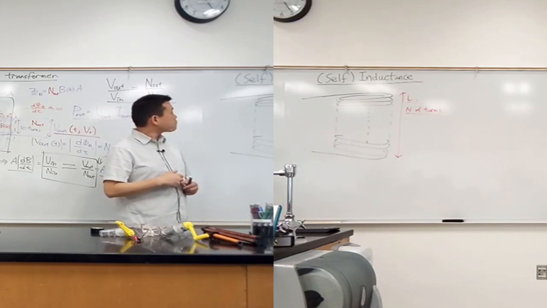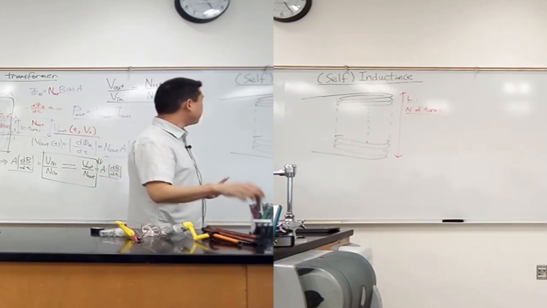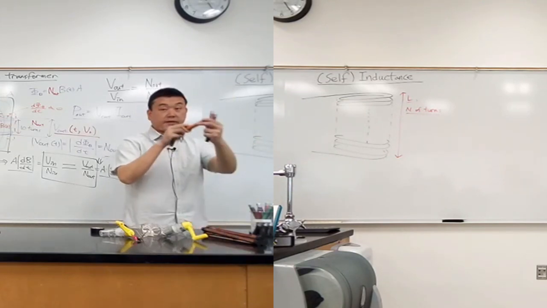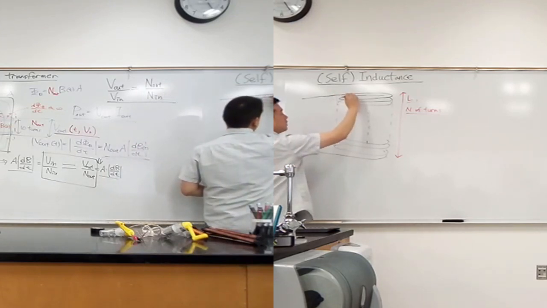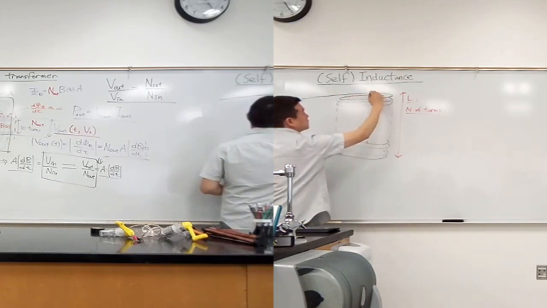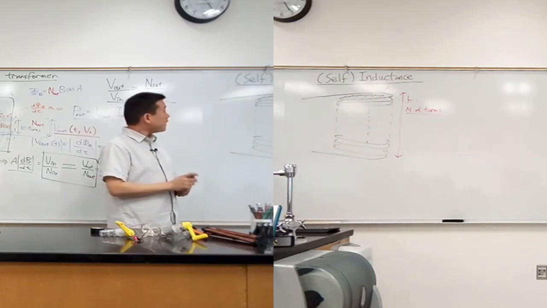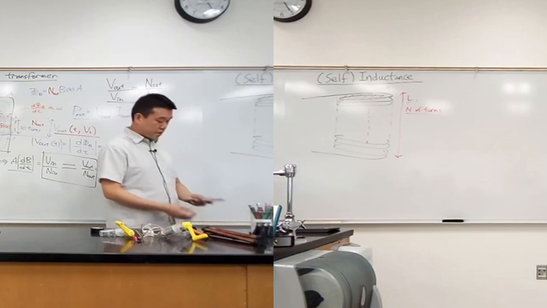And I have to give a couple more parameters. I have to tell you how big the solenoid is. I gave you the length. I have to give you the area. So the cross-sectional area of the solenoid is some area A. Okay? And this is the question.